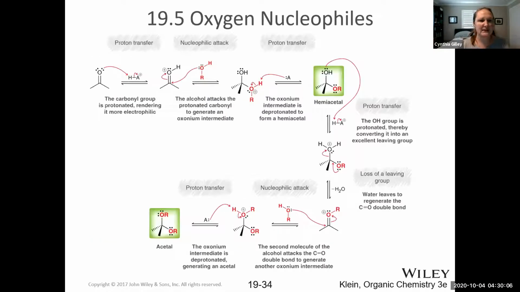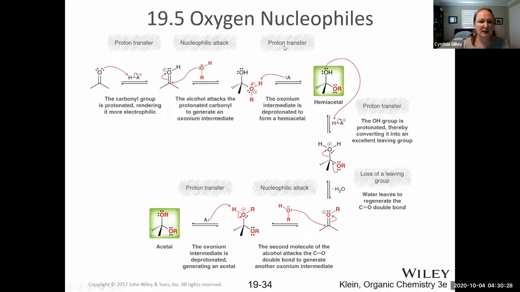Let's look at the mechanism of acetal formation. So I mentioned before that a catalytic amount of strong acid is required. So you should be thinking about the fact that this mechanism should be consistent with acidic conditions, right? What sort of intermediates do we typically see under acidic conditions?